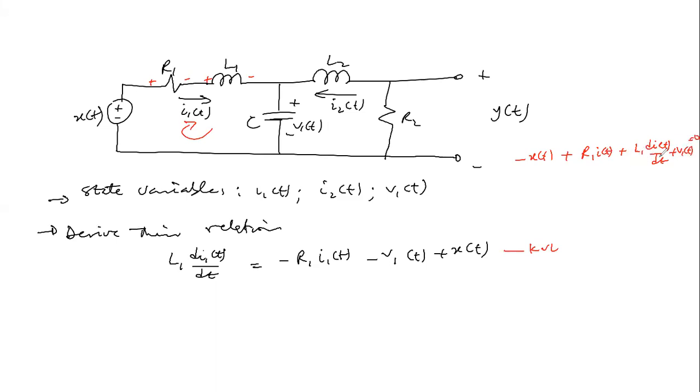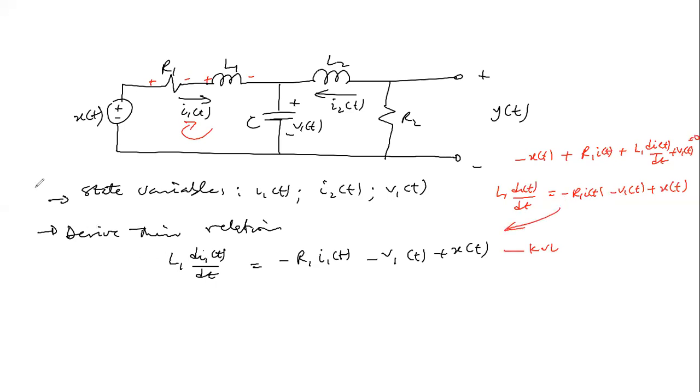If we make this the subject, L1 dI1 over dt will be minus R1 I1 of t, minus V1 of t plus S of t. So that gives us this, right?